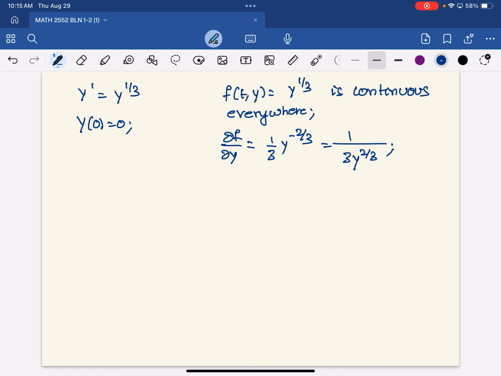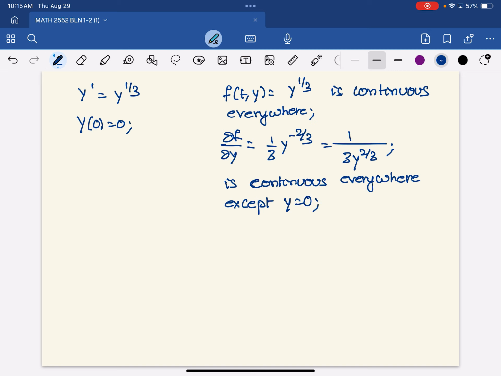Where is partial f, partial y continuous? Everywhere except 0, right? It is continuous everywhere except y equals 0.